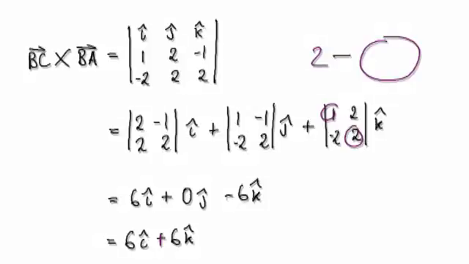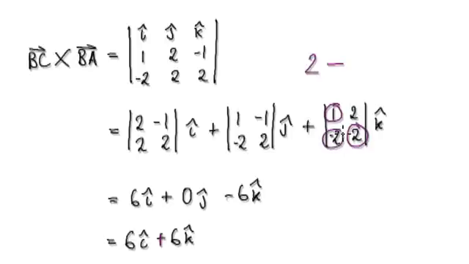So it would be this times this. That would be 2. Take away this times this. So that would be negative 4. This times this would be negative 4. So that would be positive 6. So I think this is going to be positive 6.